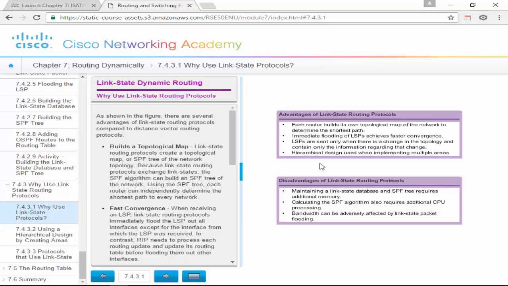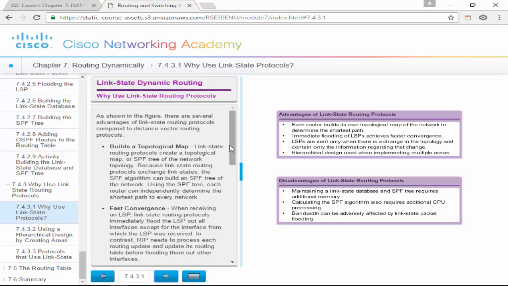But why do we use a link state over a distance vector? Well, one, most of the time we probably use OSPF because, like I said, it's fast converging, and it does take maybe a little more. I really think it takes about the same resources as EIGRP, but it's an open standard as well, so you don't need a Cisco router to do it.